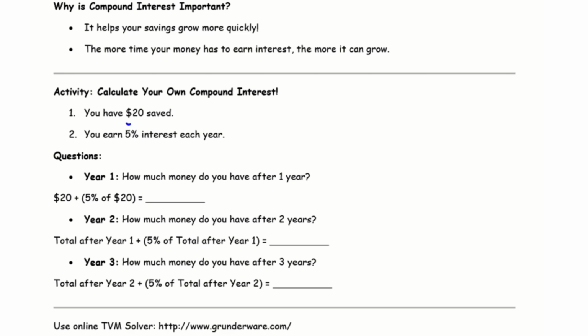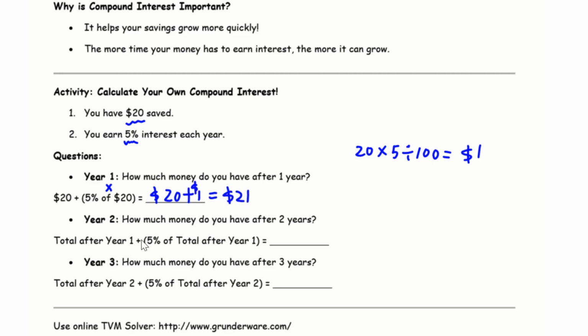You have $20 saved, and you are going to earn 5% interest each year. So in the first year, you have $20, and the interest is 5% of $20, which is 20 times 5 divided by 100. Then you will have $1. So plus 1, you have $21 after the first year.